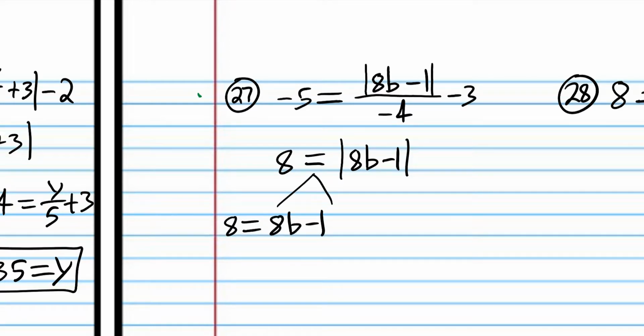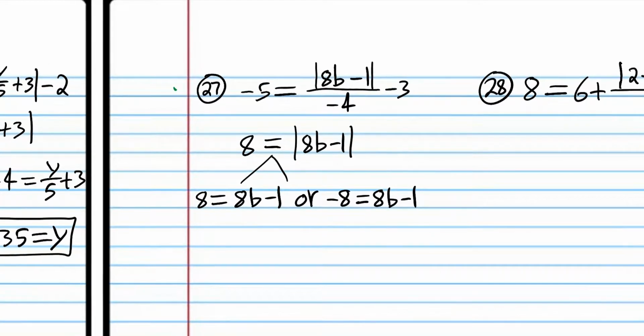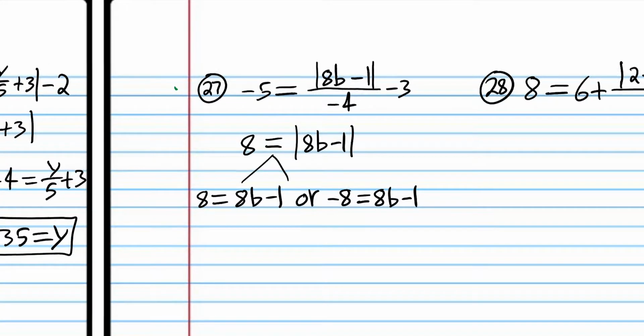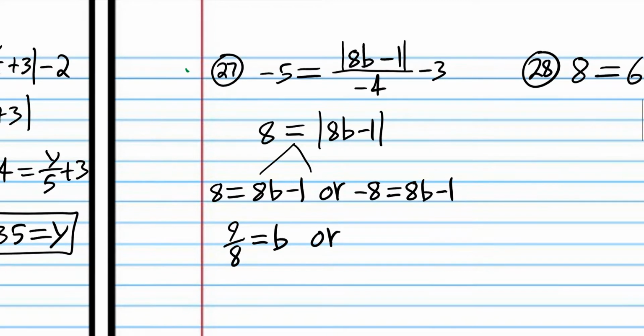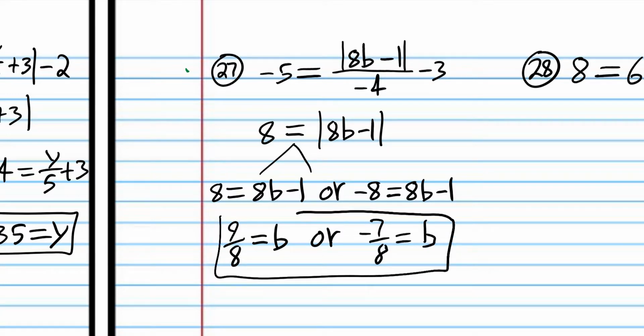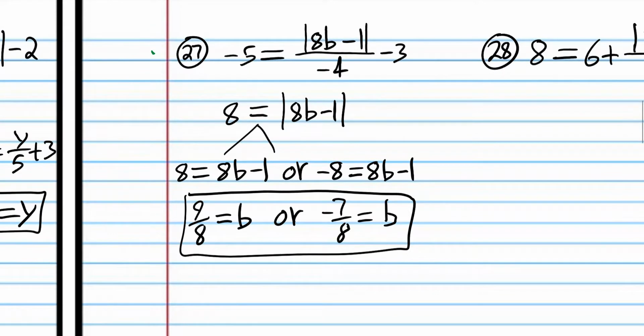So remember, the inside of the absolute value can be 8, but it can also be negative 8. So now b is 9/8, or b is -7/8. And that is the solution. So if you got those answers, good job.